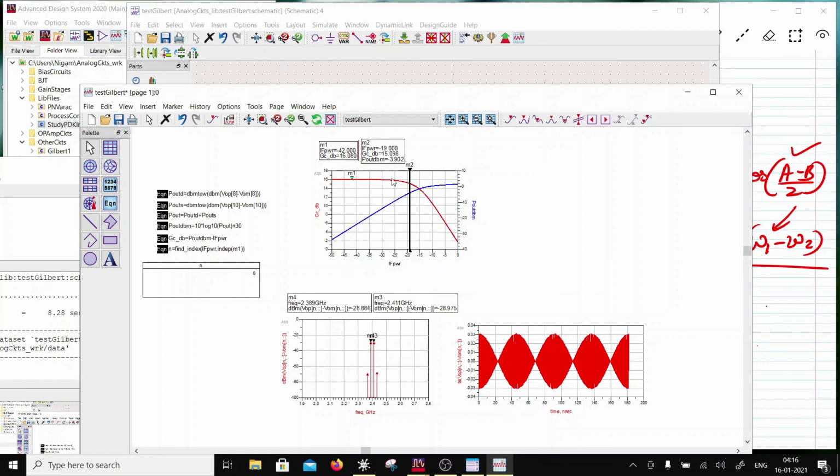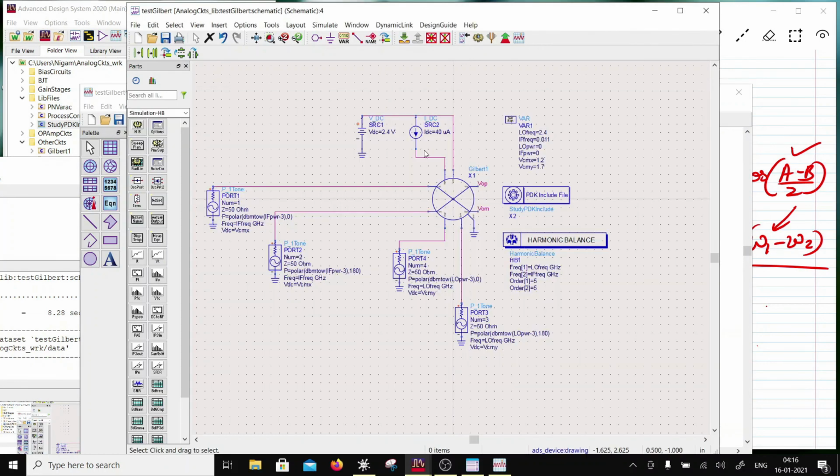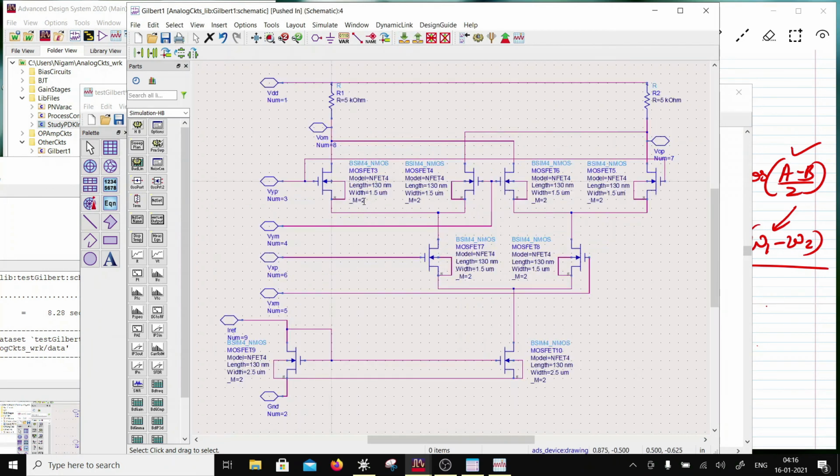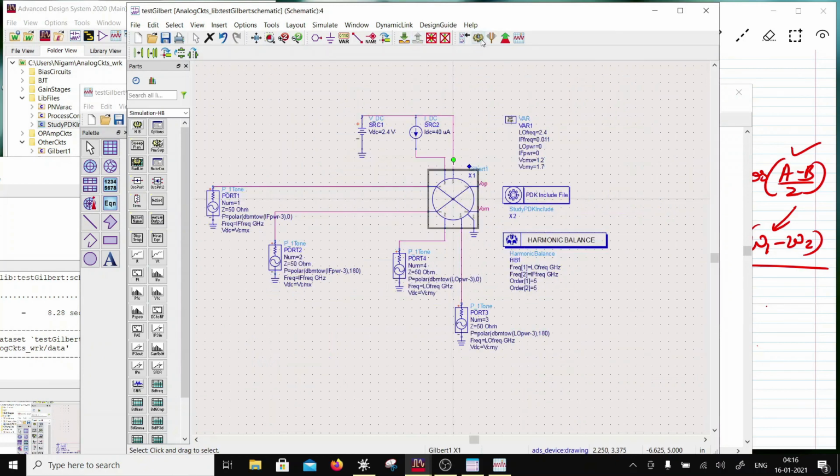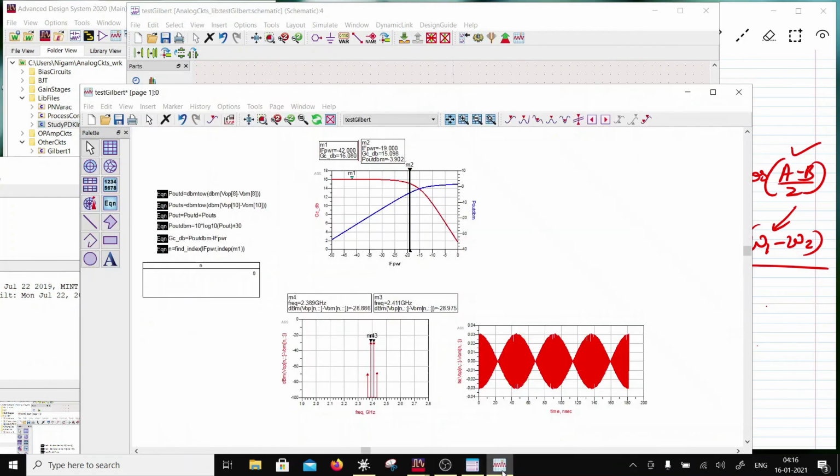Another thing I want to tell you is that if you want to have this compression move out, then you can go ahead and reduce the sizes of these transistors. So instead of 1.5, if I want to do 1, 1, 1 and 1. Okay, now the conversion gain will slightly go down, but the things will push out in the compression.